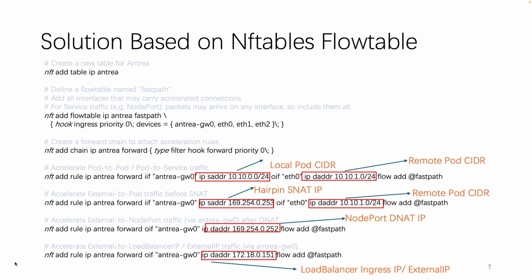The Kube proxy will also insert different rules in the NF table. So I was trying to understand if this new way with NF flow table in Antrea will work well together with Kube proxy.